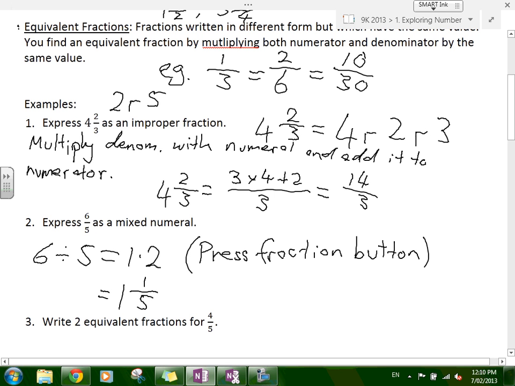So the other way you can do it, of course, is by putting in the improper fraction. 6 over 5, you press equals, it changes it automatically in the calculator. You type in the fraction, 6 over 5, press equals, it will give you a mixed numeral.